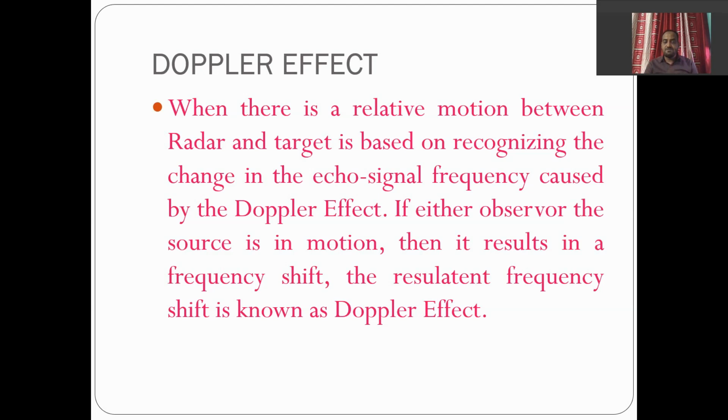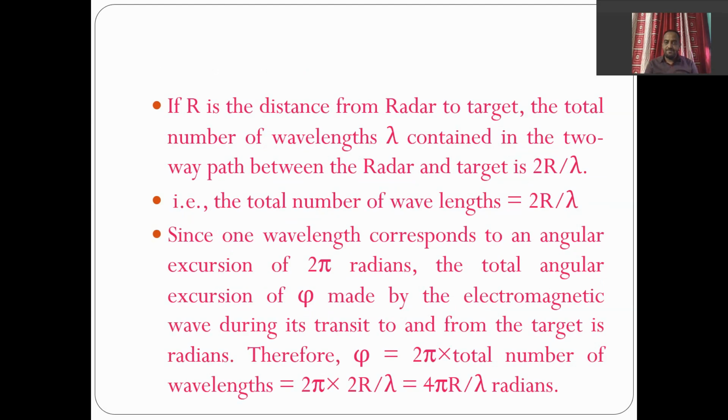The resultant frequency shift is known as the Doppler effect. What we understand by this statement is when there is a relative motion between the target and the radar station, the echo signal will undergo an effect called the Doppler effect.